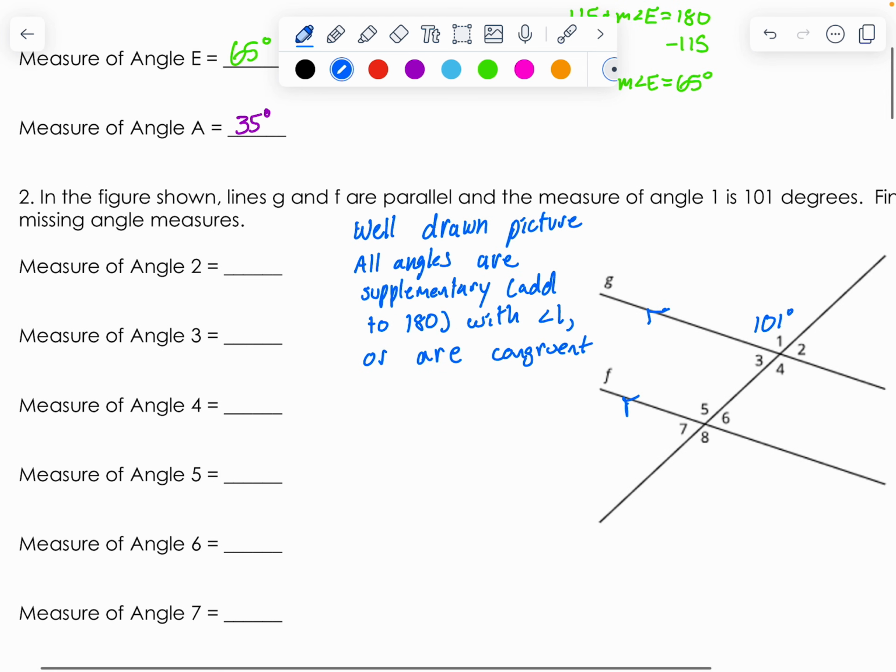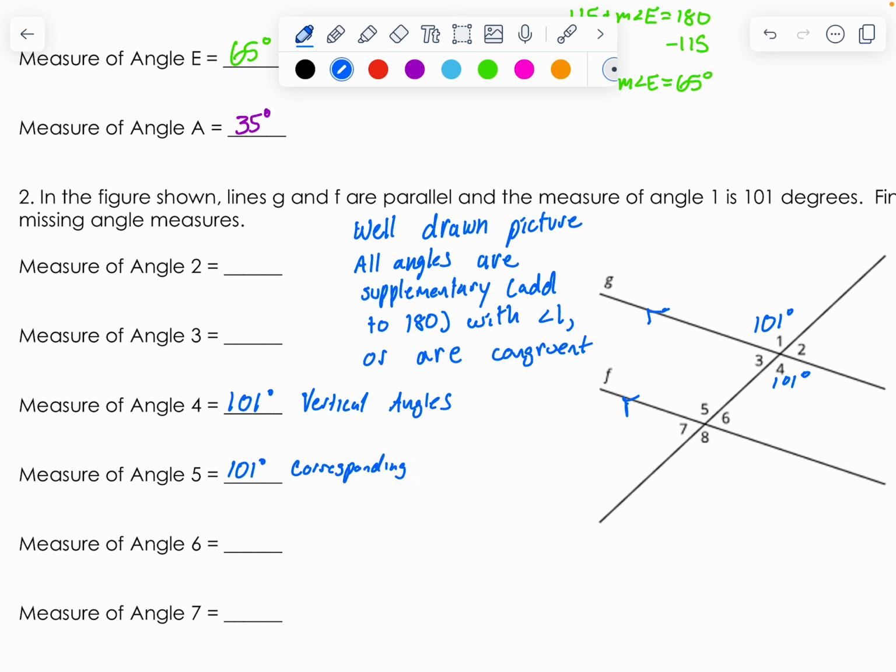So angle 4 is also 101 degrees. They're vertical angles, and you can just tell by looking at it a lot of the time. Down here, angle 5, we'll write down vertical angles. Angle 5 is also 101 degrees because it's corresponding angles.